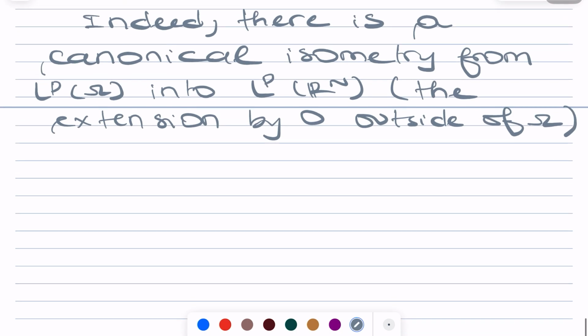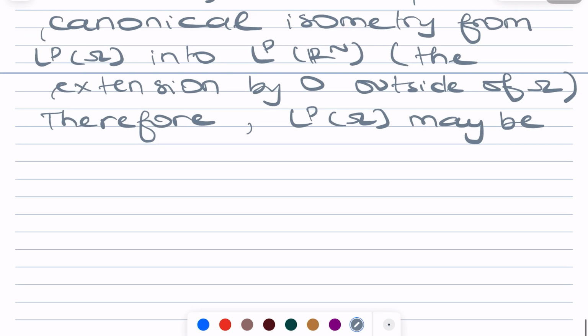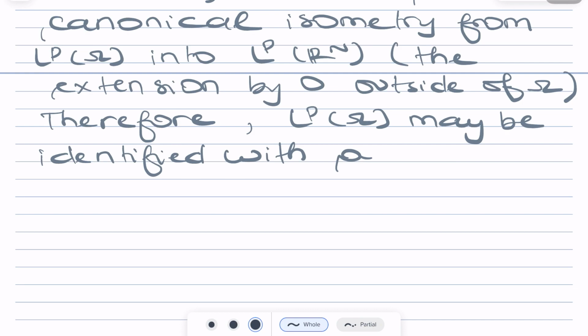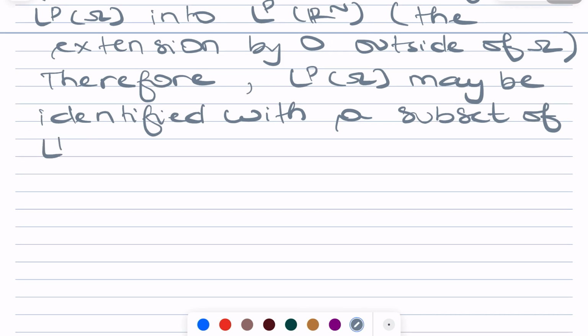So therefore L^p of Omega may be identified, not with, but well, with a subset of L^p of R^n.